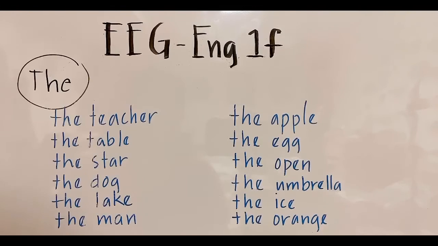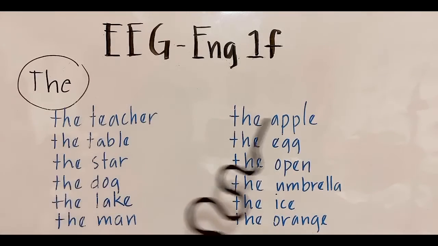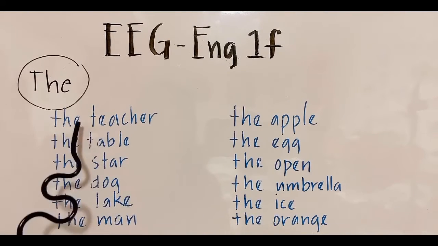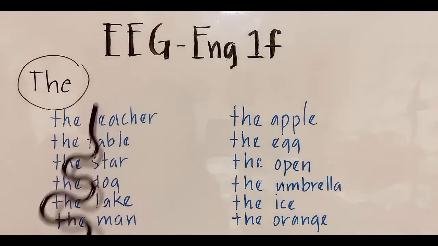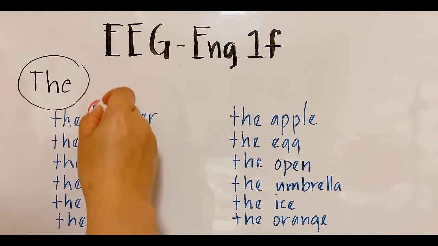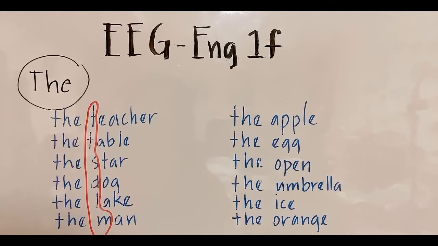So what do you notice? We know that the modifies all these nouns. Now the here is pronounced "thuh" because look at these nouns. What do they start with? Consonants. They start with consonants, so you pronounce the teacher, the table, the star, the dog, the lake, the man.